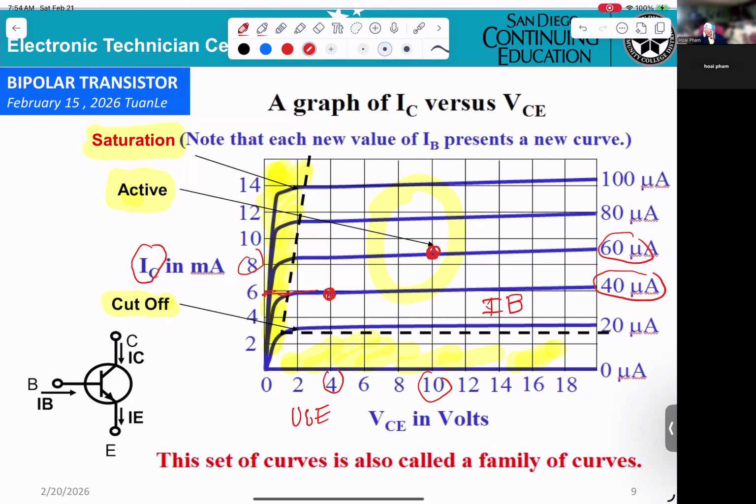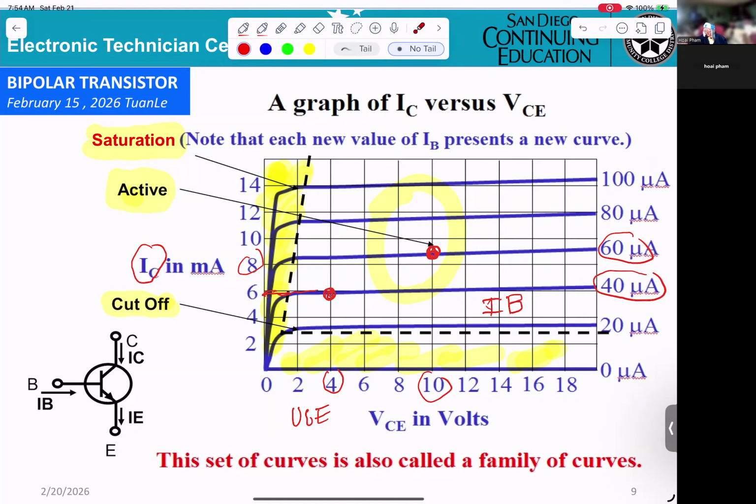The saturation region means no voltage gain. They're used for switching, or the cutoff region here. The transistor will be used for switching, turning it on and off, not as an amplifier.